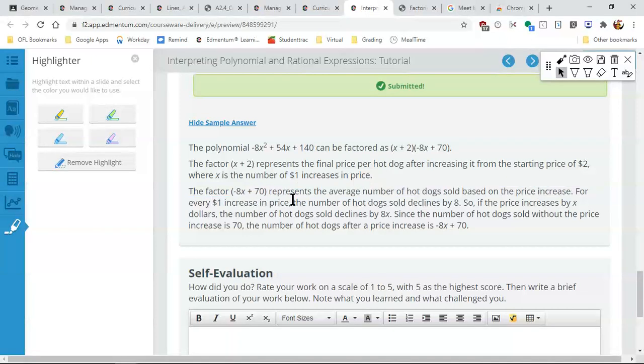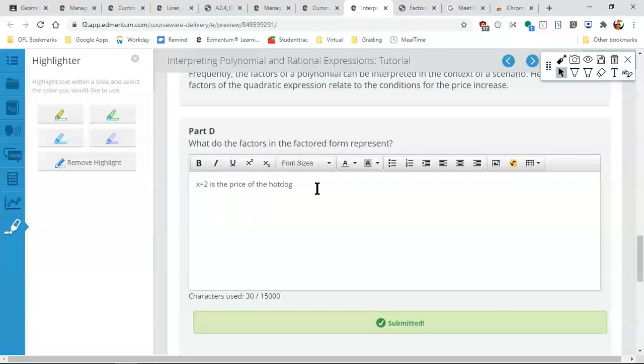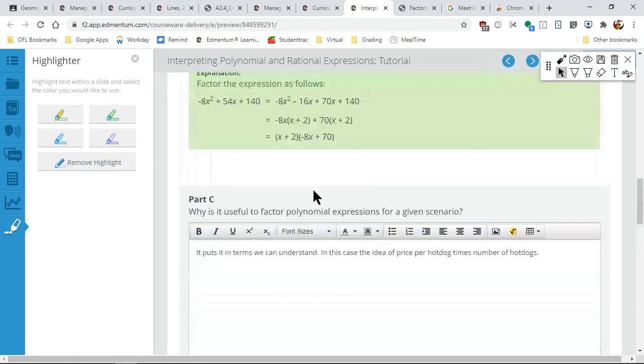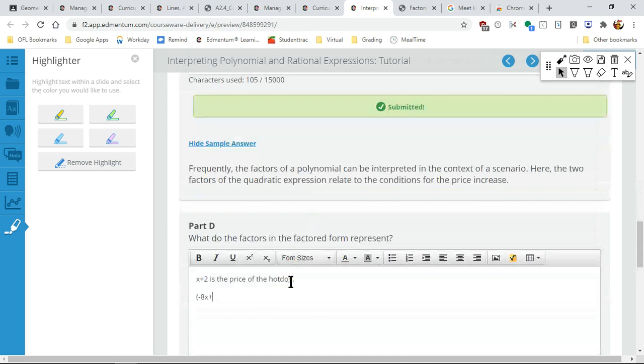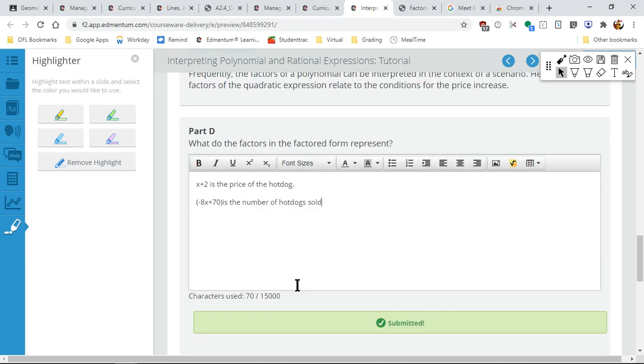And this right here represents the average number of hot dogs we sell. So again, this negative x plus, what was the answer? Plus 70 is the number of hot dogs sold.